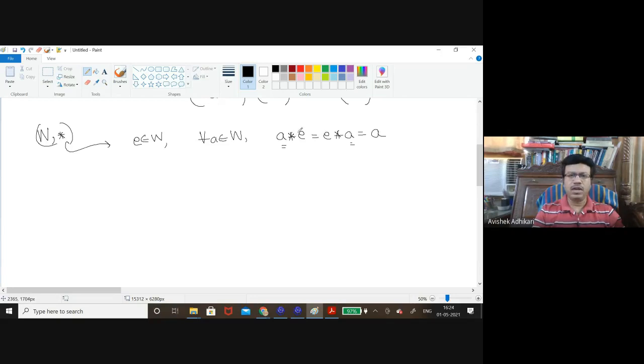And that is true for all, not just a particular element A, but for all A belonging to W. Then this E has some special meaning, and we call this E the identity element.